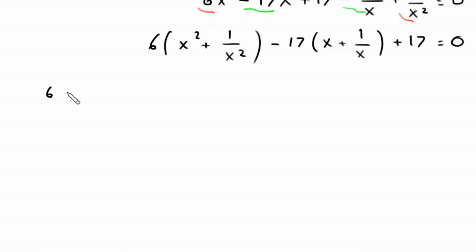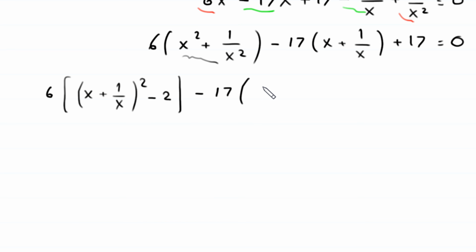Next we can write this x squared plus 1 over x squared in this way: (x plus 1 over x) whole squared minus 2, and this remains same, negative 17 times (x plus 1 over x) plus 17 equal to 0.